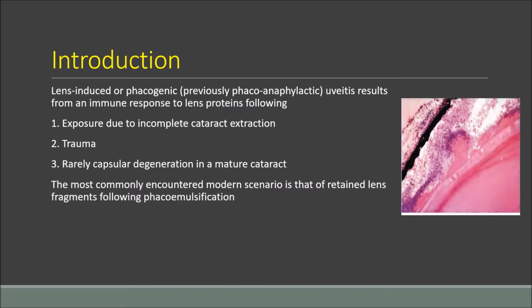The most commonly encountered modern scenario is that of retained lens fragments following phacoemulsification, either in the posterior segment, after posterior capsular rupture or zonular dehiscence, or an overlooked piece of nucleus or soft lens matter settling in the AC. This must be differentiated from bacterial endophthalmitis, which is usually more severe.